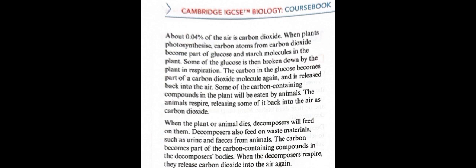When an individual dies, the decomposers respire, and upon their respiration they release carbon dioxide into the atmosphere again. That carbon dioxide will be added back into the atmosphere, and plants are going to take in that carbon dioxide, and then it will be part of them.